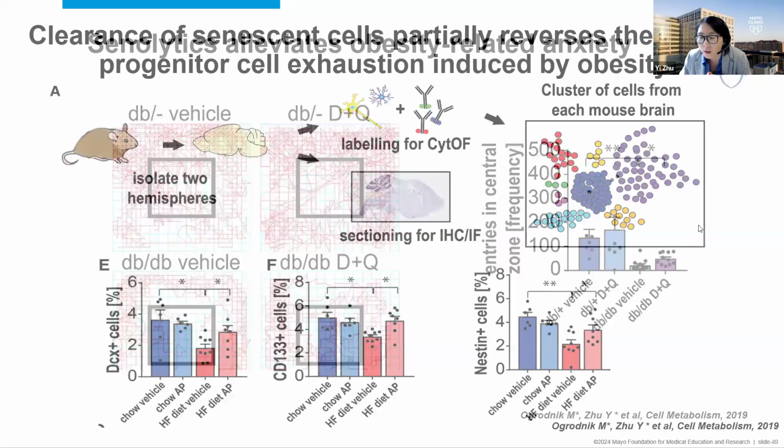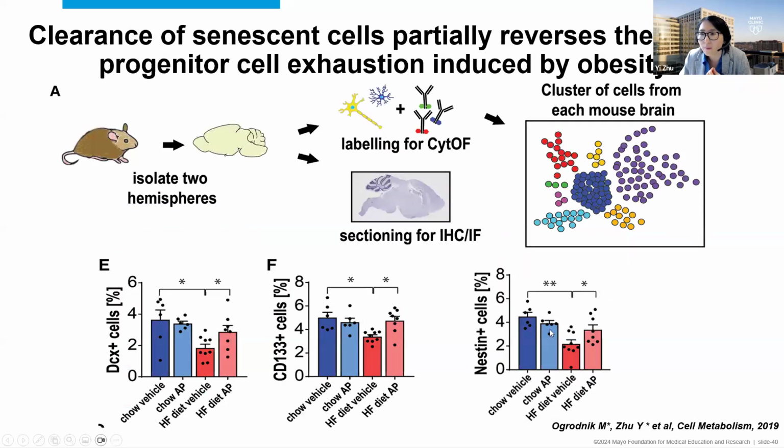And then we wanted to look into how senescent cells affect anxiety. So we isolated the brain from obese mice, and we did single cell proteomics by using CyTOF. In this way, we can distinguish protein expression across different cell types. We found that clearance of senescent cells can partially reverse the neuronal progenitor cell exhaustion caused by obesity.